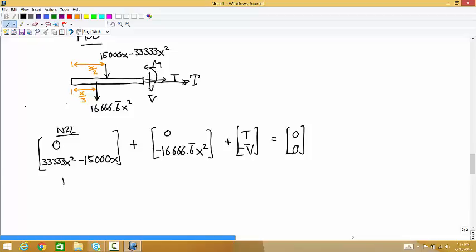And then for the moment equation about the z-axis, well, you can solve for these. So there's no tension. The shear force is 16,666.6 repeating x squared minus 15,000x.